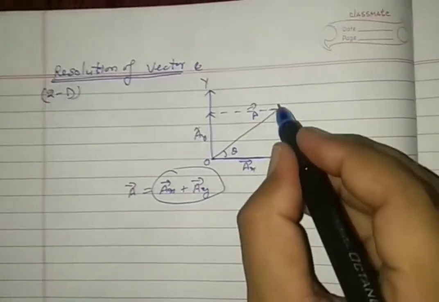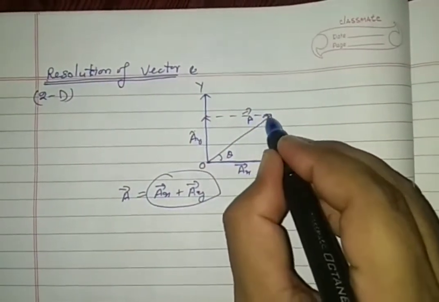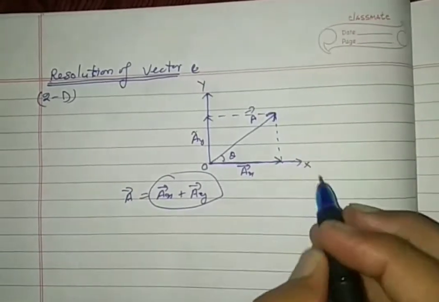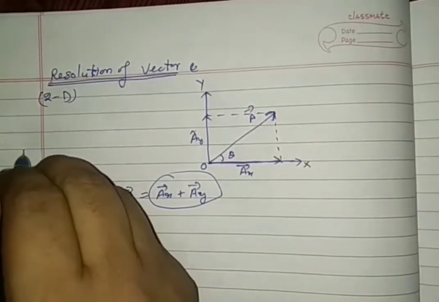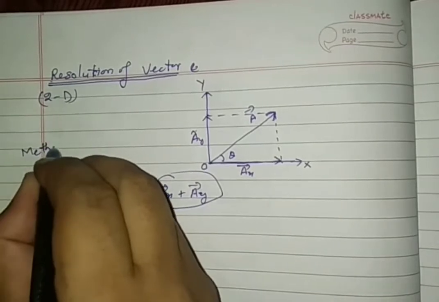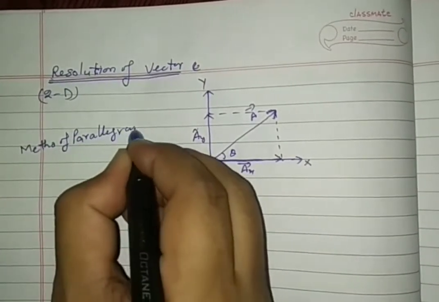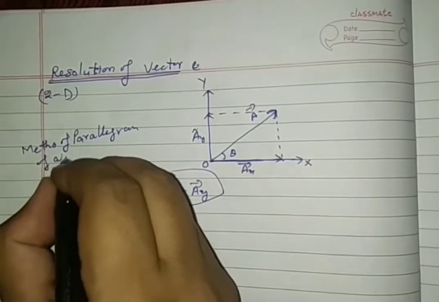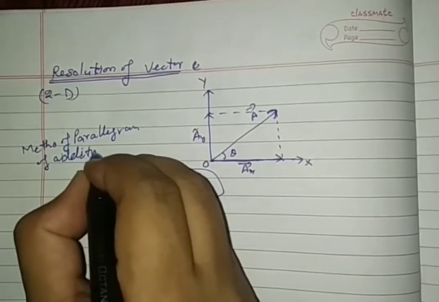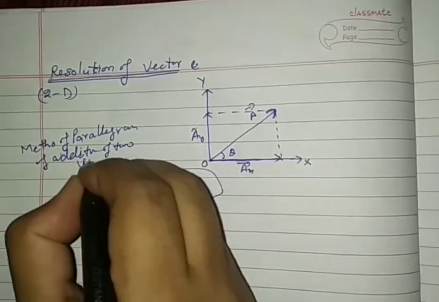See in the diagram very carefully, it can be understood by the method of parallelogram of addition of 2 vectors.